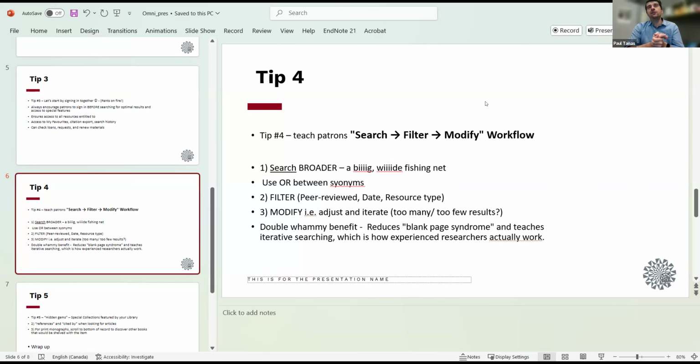So I try to explain to them, or sometimes I have my own canned messages on one side of the screen, and I say, well, first of all, I actually cast a very big, very wide fishing net, okay, and I use OR between synonyms.